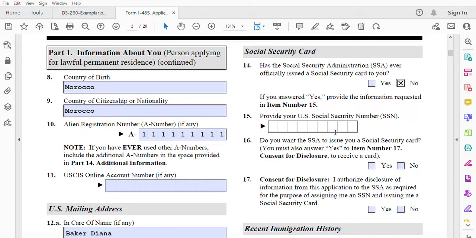But we answered no, so we're gonna go to questions 16 and 17. Do you want SSA to issue your Social Security card? You must answer yes, and also you gotta give your consent for disclosure. You're gonna answer yes, so you authorize SSA, as required for the purpose of assigning me an SSN and issuing me a Social Security card. That's very important.